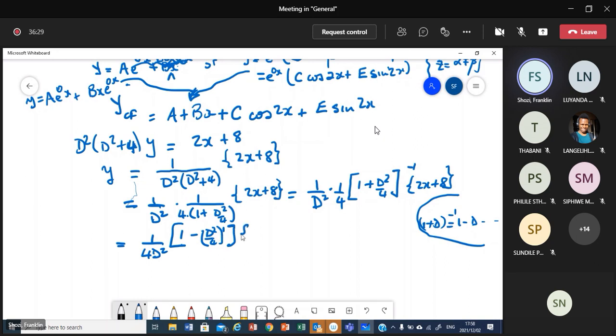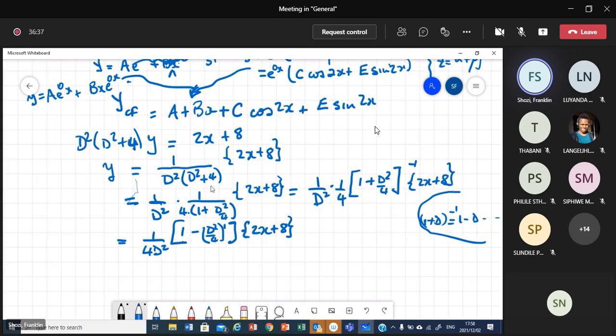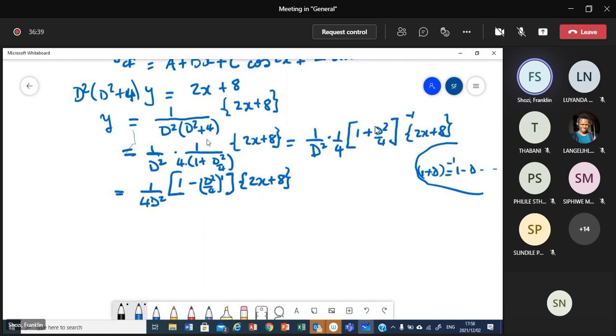I can't go higher than that. If this 2x was 2x cubed, then I was going to move up to D cubed. So that gives us 1 over 4D squared into 1 times the whole lot, 2x plus 8. Now D squared over there means take the second derivative of that. Everything will be 0 on that side because I will be differentiating it twice. So I don't have index 2 there. That is why I've got 0.